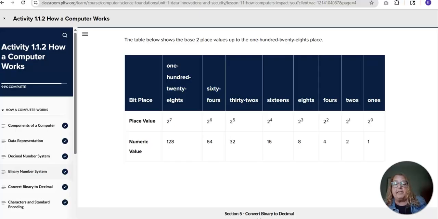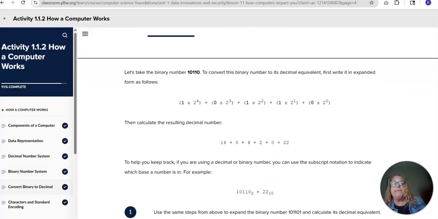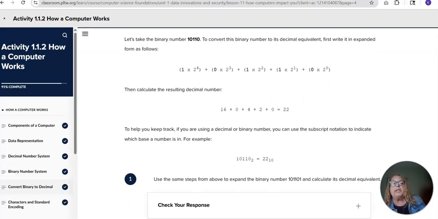Because when we're converting, the next step, if you have a number like 22 and they say, what does that really equal in digital code, they're going to put it at 10110. And okay, if we know it's 1, 2, 4, 8, 16, 32, 64, 128, I can go back on those places.